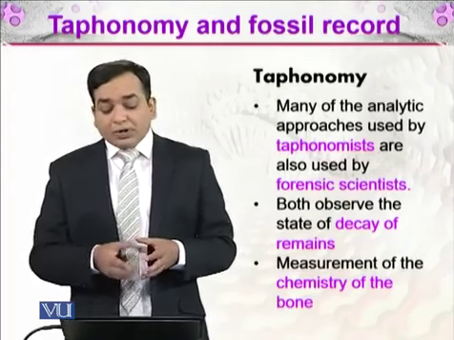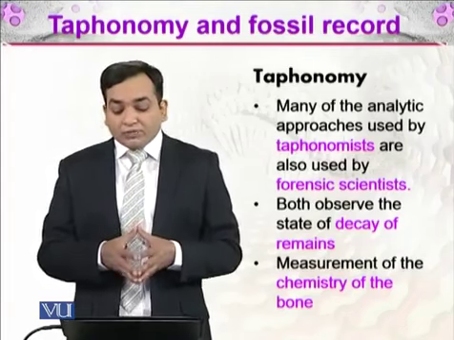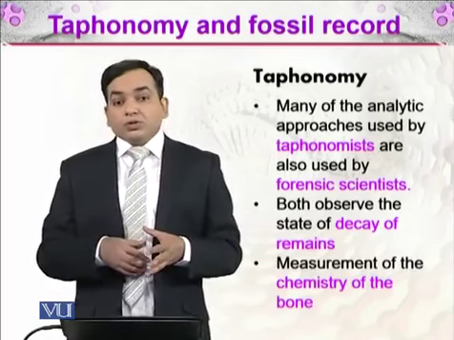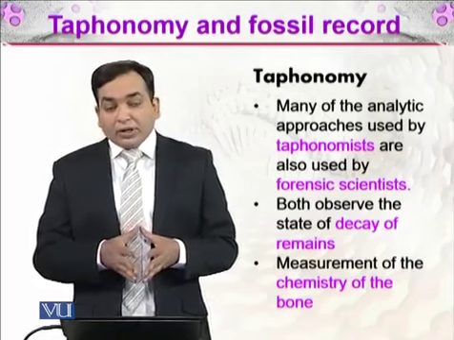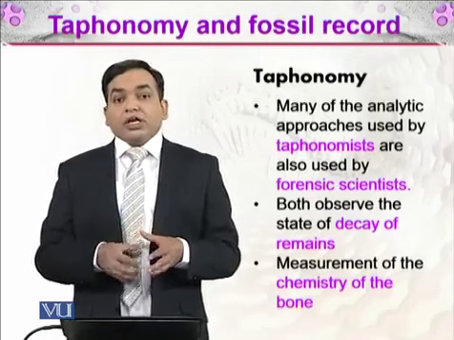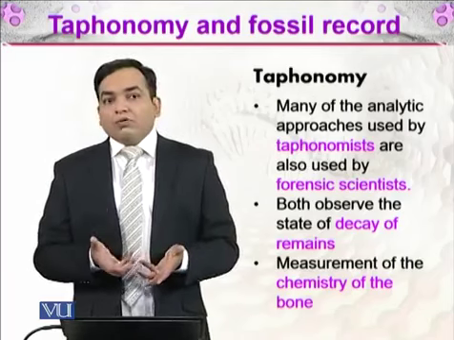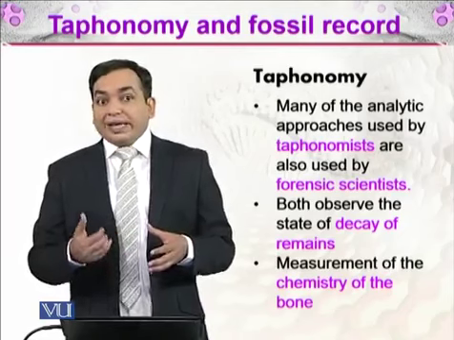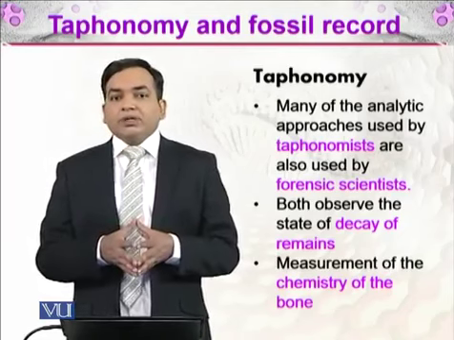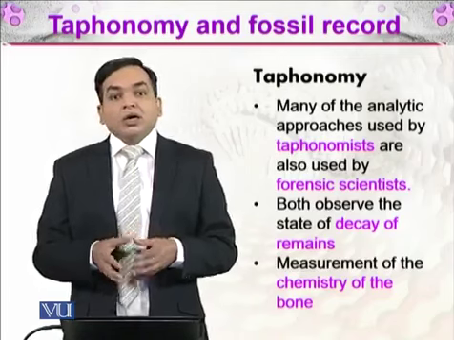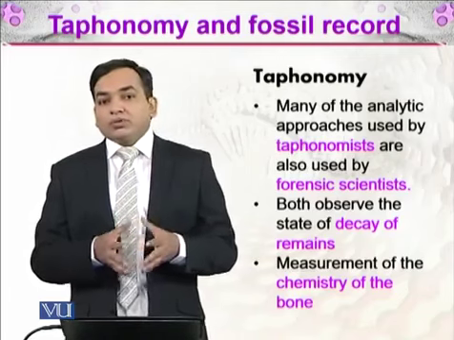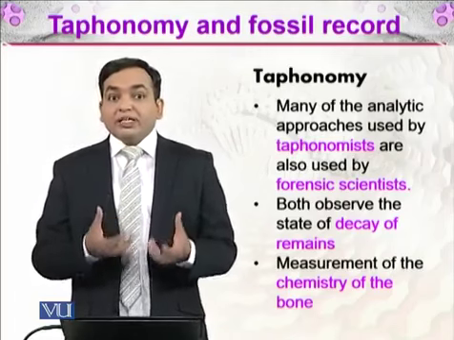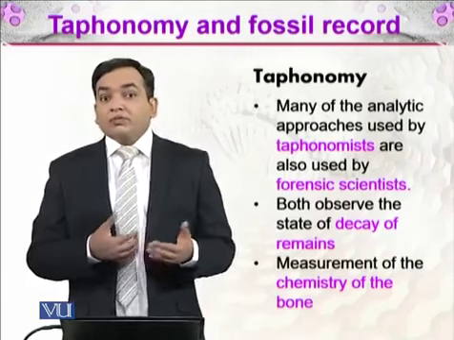Both forensic scientists and taphonomists observe the state of decay of remains, and they are also concerned with measuring the chemistry of the bone. Why bone? Because bones are hard parts, and that's what remains, right? For example, if a murder took place in an open area and a lot of time passed, they will just have the bones, the skeletal remains, and they will be looking at those.